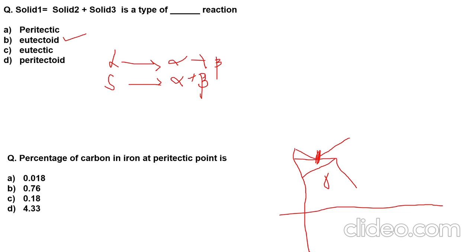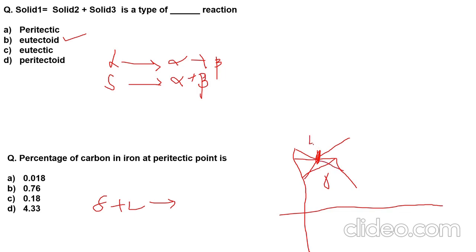Because this is very important to know when you are concerned with solubility. Can anybody remember that? We have a reaction here where delta plus liquid gives us directly gamma, right? I think I have not drawn it very right, so it will be something like here.